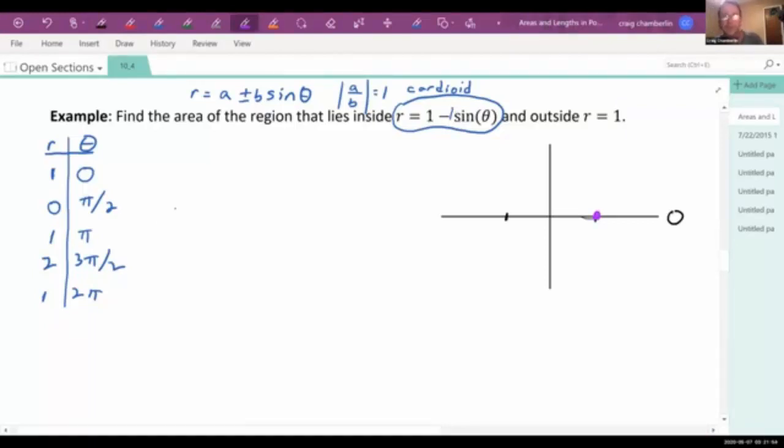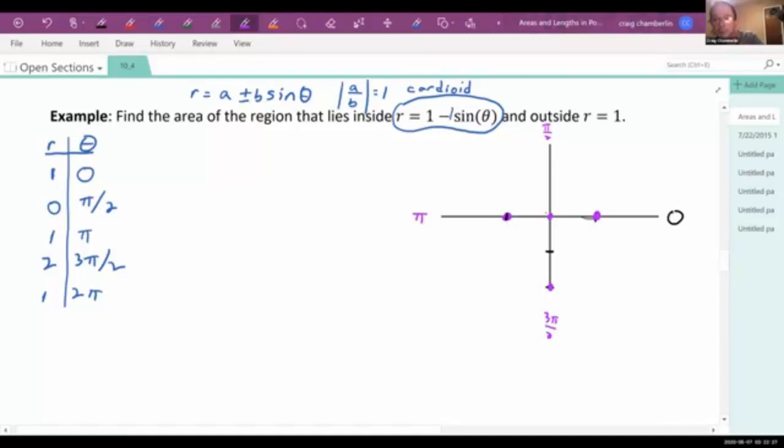And then if you look straight up at pi over 2, from the origin, you go out a distance of 0, so you're at the pole. If you look to the left in the direction of pi from the origin, you're out a distance of 1. And if you look in the direction of 3 pi over 2, which is straight down, you're at a distance of 2 in that direction.